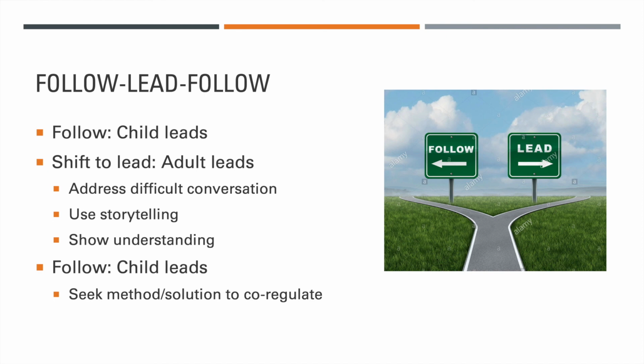So this is where you want to use that storytelling prosody again, and you want to show that you understand. After this, you're going to go back to following the child and letting them lead. So this will also hopefully involve coming to a solution and returning to work, and also helping them to co-regulate.